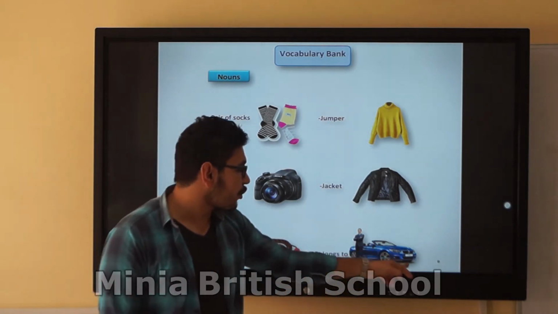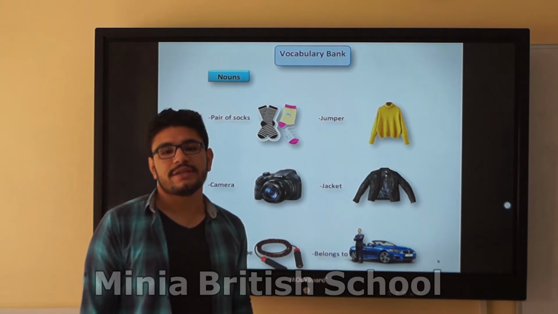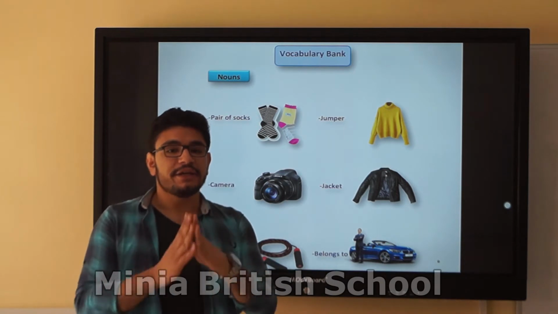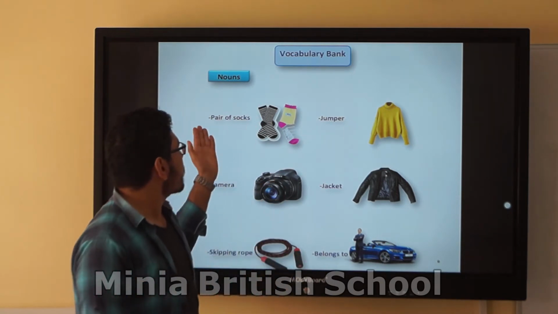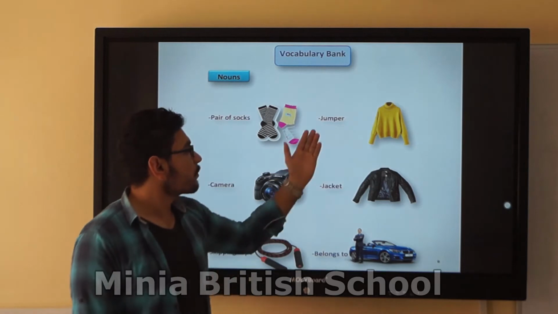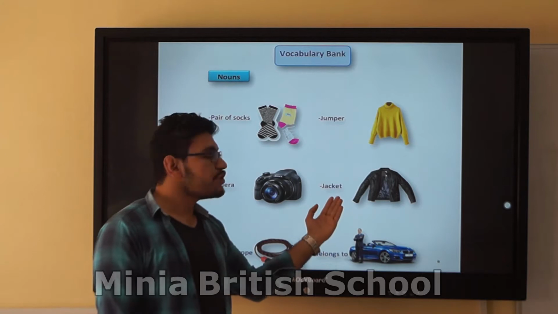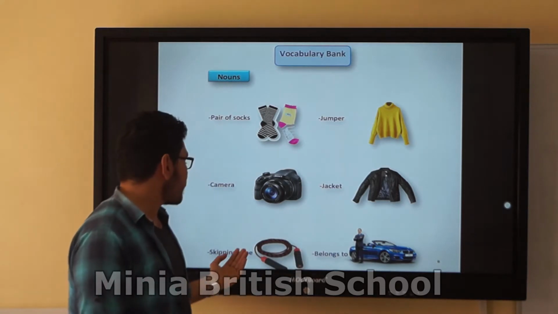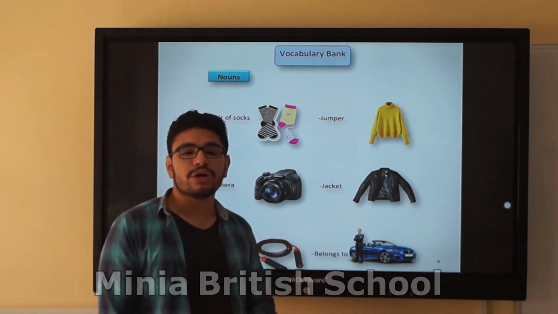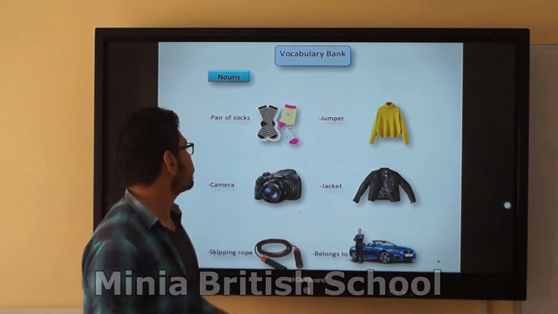That means this card belongs to this man. I will repeat them again. Repeat after me. The first one, pair of socks. Jumper, camera, jacket, skipping rope, and belongs to. Okay?